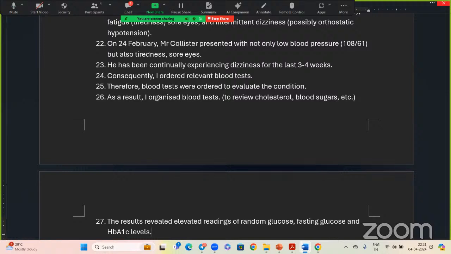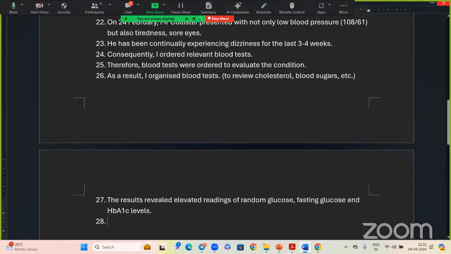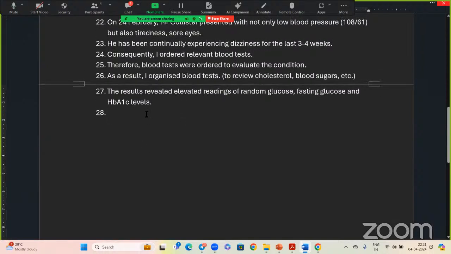Now these two sentences you can combine and write like this. The blood tests, comma, which were ordered, comma, revealed.